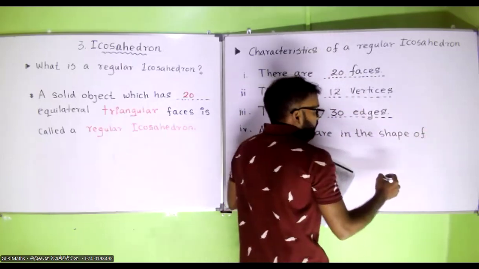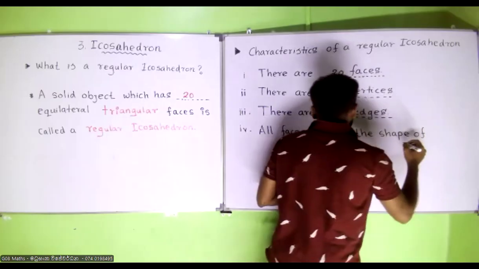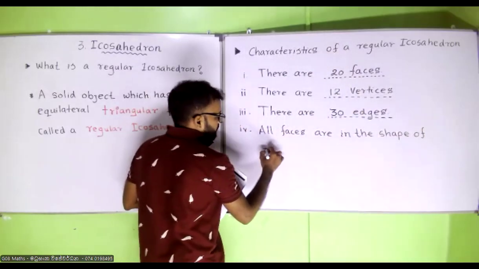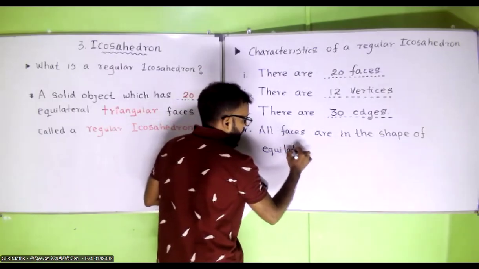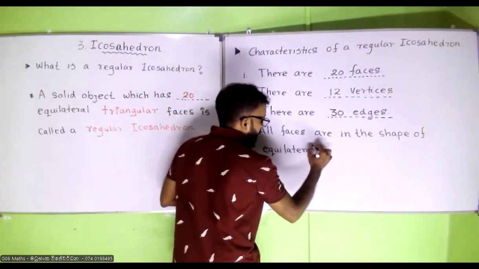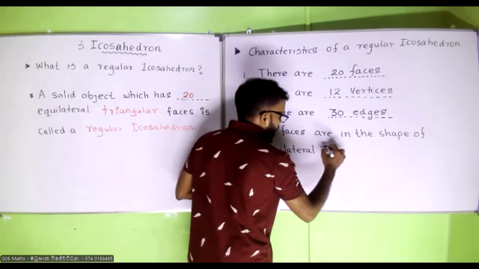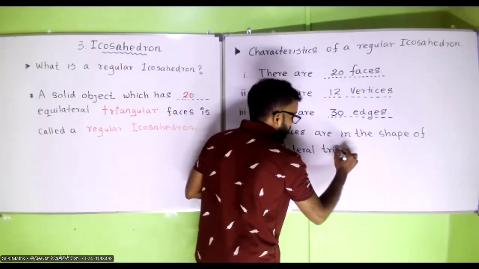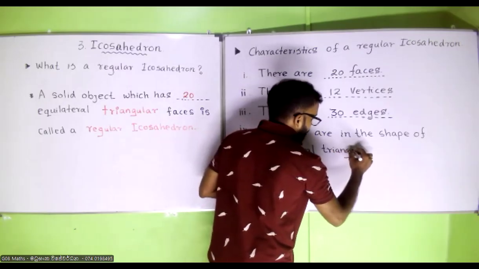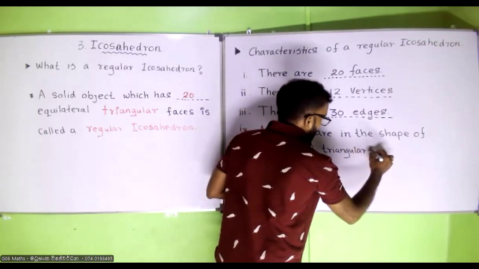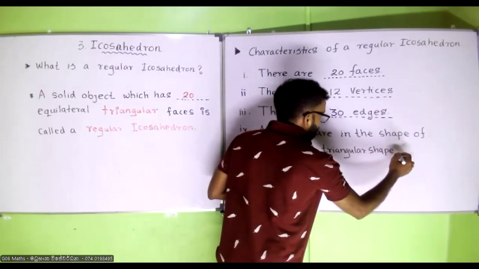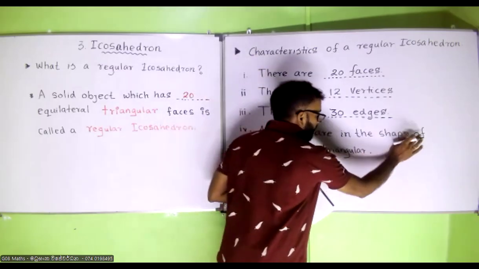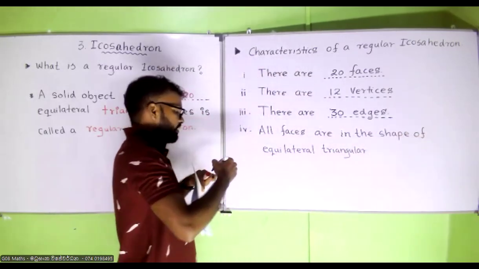I will write it here: equilateral triangular shapes. Or you can write equilateral triangular shape.